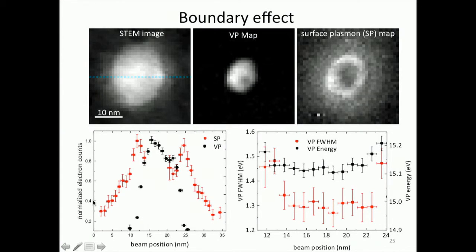On the bottom left, we have the normalized electron count as a function of beam position. By looking at this cross-section pointed in the middle of the particle, we plotted the intensity of the surface plasmon in red right here, and the intensity of the volume plasmon in black here. What you can see is that the volume plasmon signal is minimum at the aluminum oxide, aluminum metal interface.